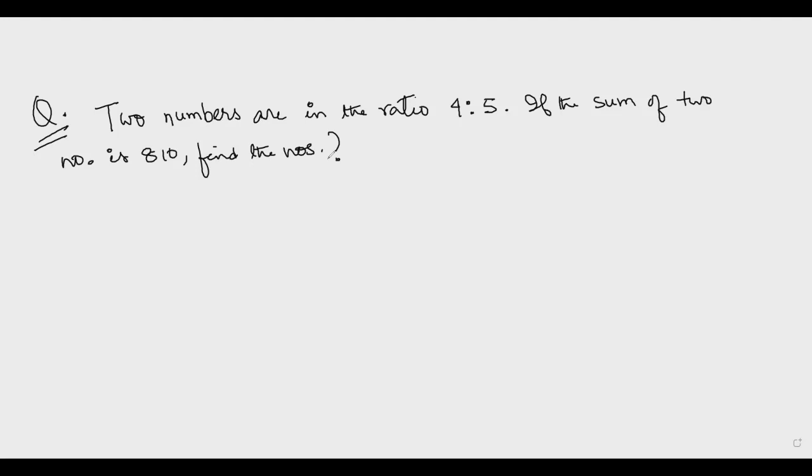Please solve this question. Then I'll give you another method to solve it. Solve, and let's see whether your method and my method will match up or not. There are two numbers, the ratio is 4:5, the sum of the numbers is 810.